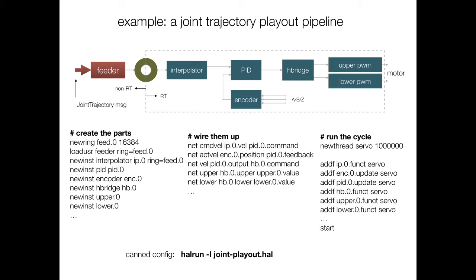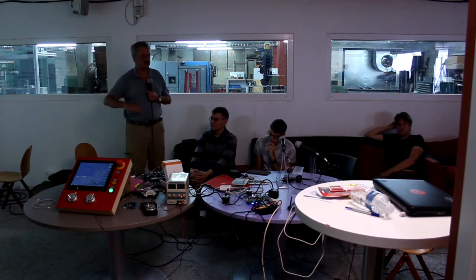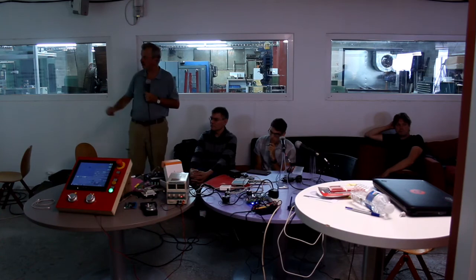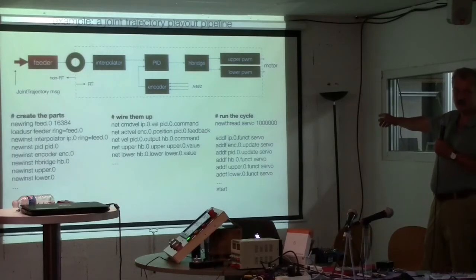And these processing functions have a string name as well. You assemble them with a thread and say, this thread runs at that rate, and it calls first this function, then this, and this, and this, in that order. Okay? So the last step is you instantiate a thread, and that runs with real-time properties.